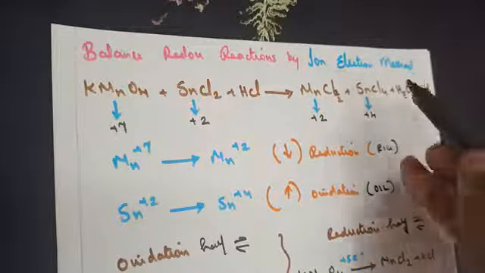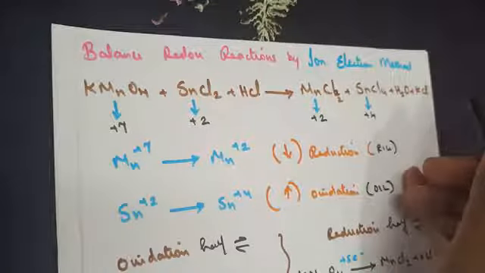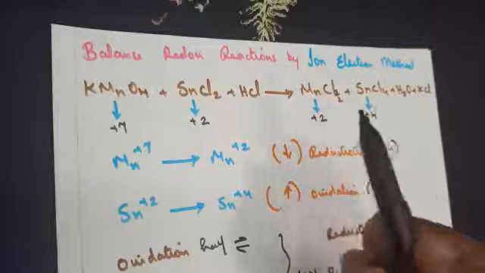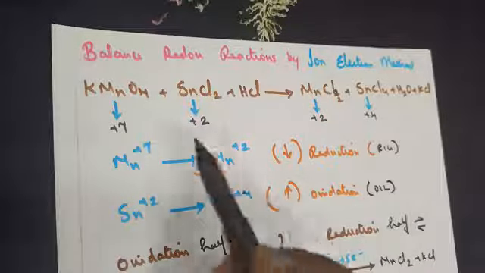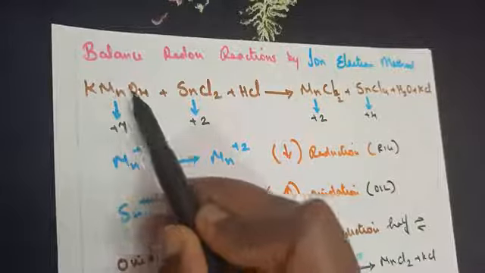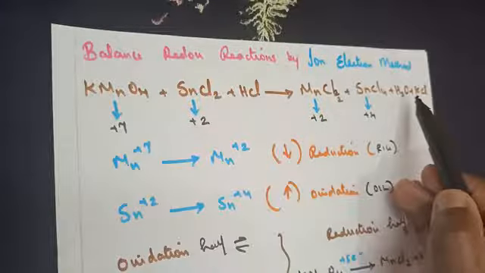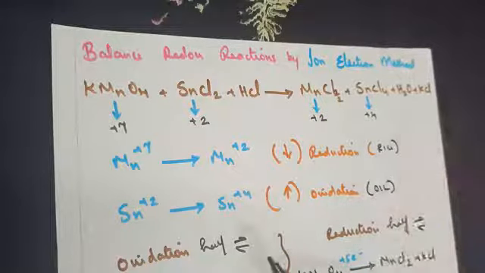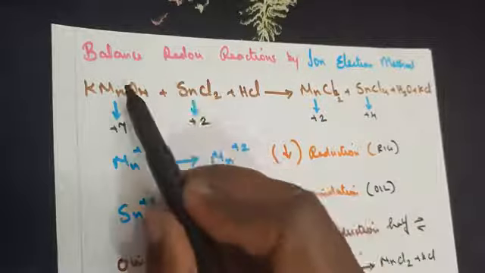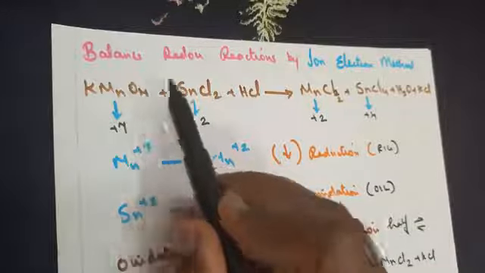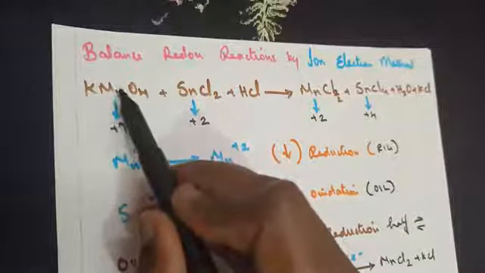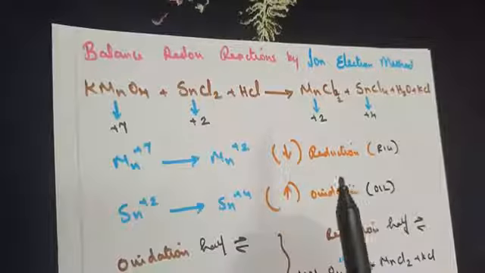Whether it's the oxidation number method or the ion-electron method, the initial concept is the same for both methods. That is, you need to find out the oxidation number for the different chemical entities present in the reaction. Since I have explained very clearly in the previous classes how to calculate the oxidation number, I am not repeating it here.